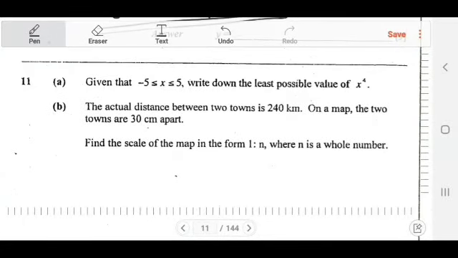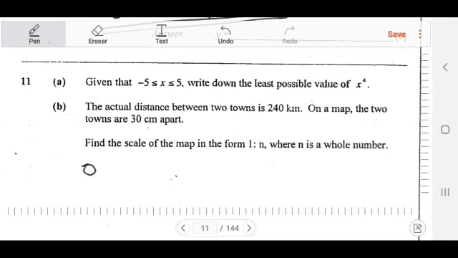Number 11 says, given that minus 5 less than or equal to x less than or equal to 5, write down the least possible value of x to the power of 4. In this case, it is 0.